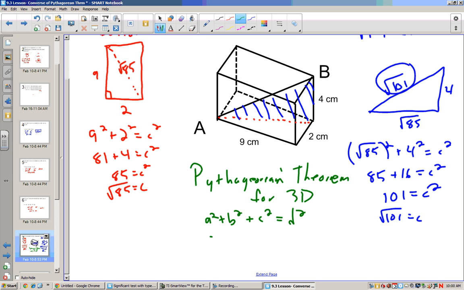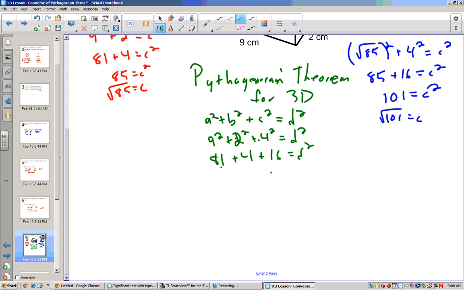Now if I take 9 squared plus 2 squared plus 4 squared and set that equal to d squared, that's 81 plus 4 plus 16 is equal to my distance squared. And that's going to be 85 plus 16, which is 101.